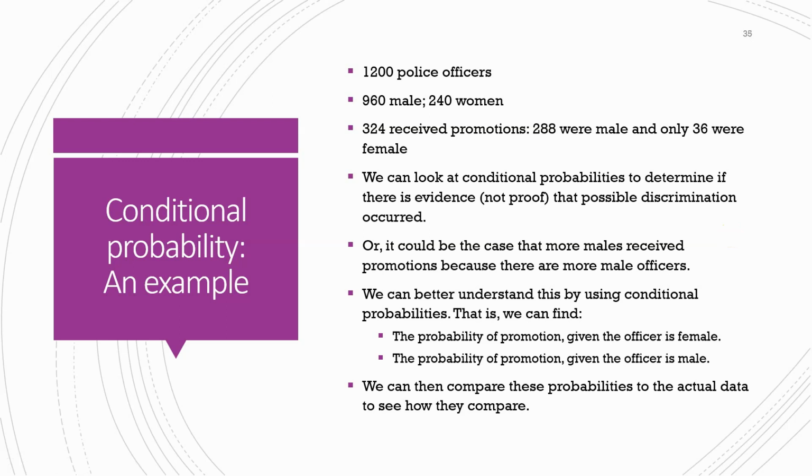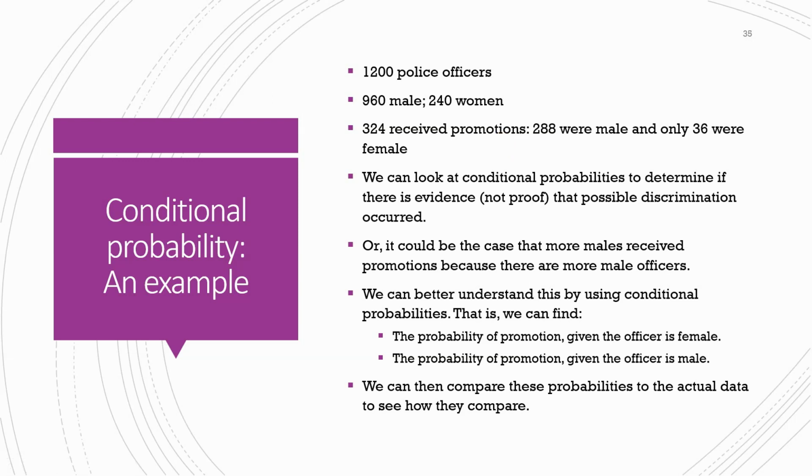So let's give an example. Say we're looking at police officers and whether a police officer is male or female. Sorry, I don't know why I wrote male and women. In this video, what we're going to better understand is whether getting a promotion depends on whether you are male or female.